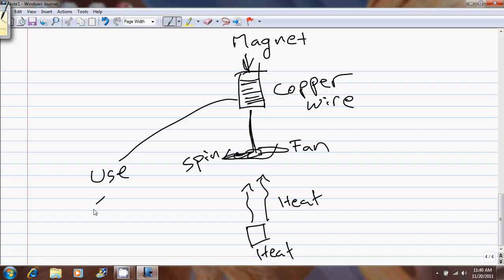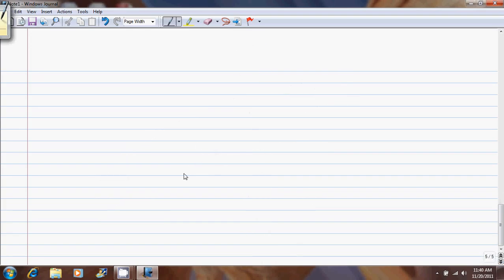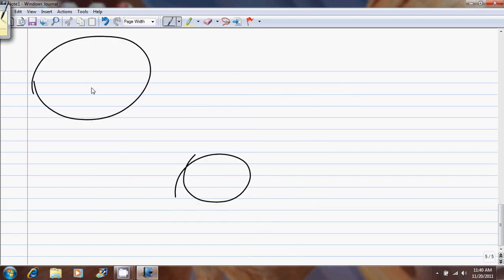Now, the problem we run into is that the heat source you're using, a light bulb, actually requires electricity coming from a power plant. But theoretically, here you have the Earth, you have the Sun, and we talked about the places that heat can come from.